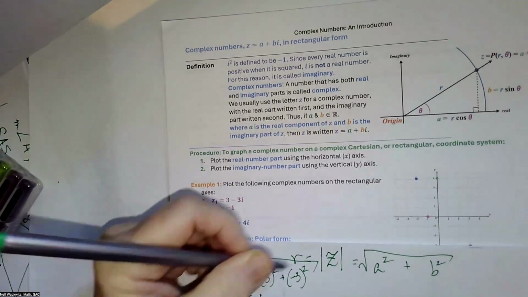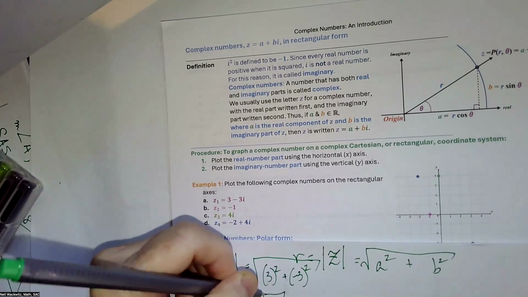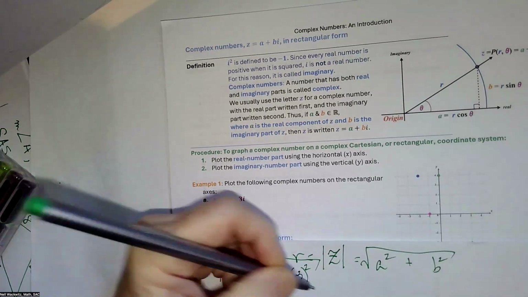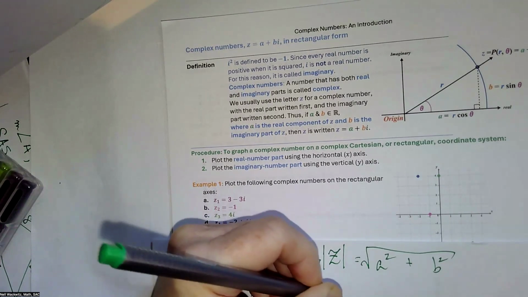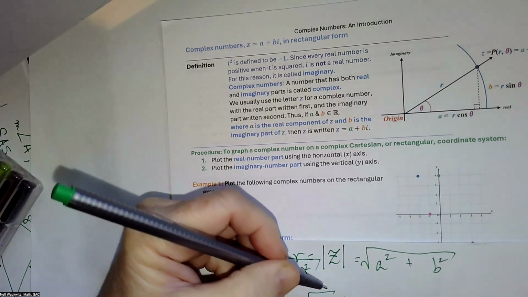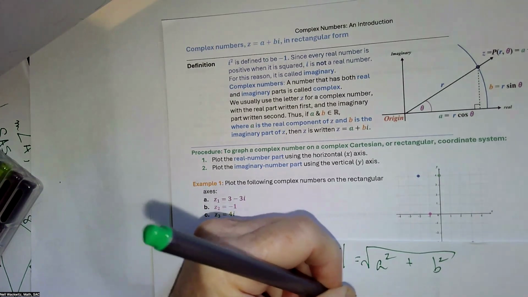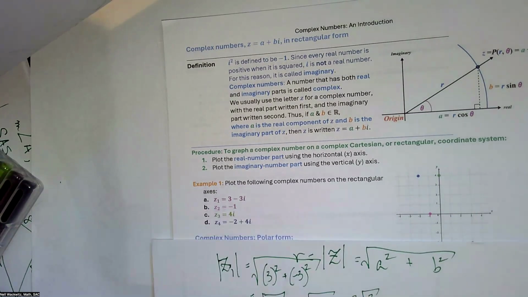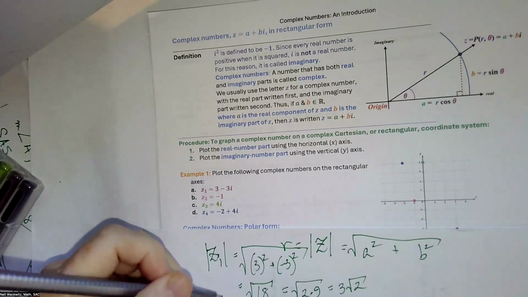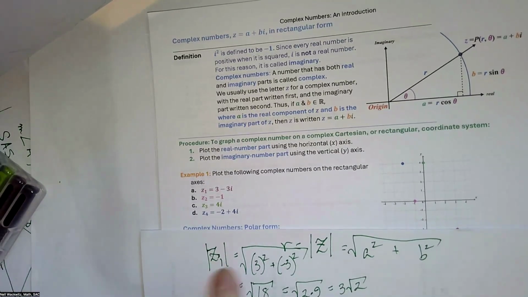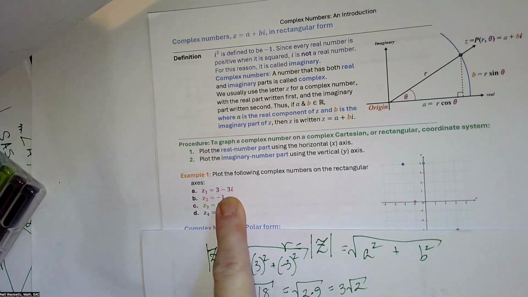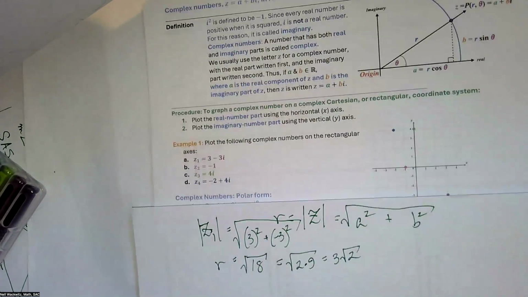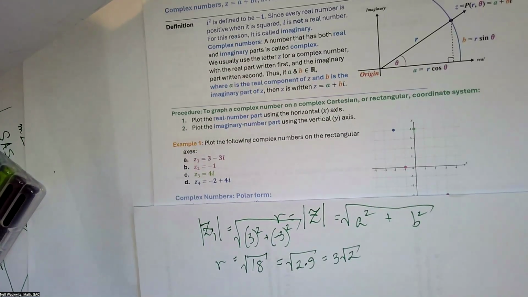So we have 9 plus 9 is 18. 18 is 2 times 9. We can bring that square root of 9 out, and that's 3 times the square root of 2. So r, or the modulus of this particular complex number, is 3 square root of 2.